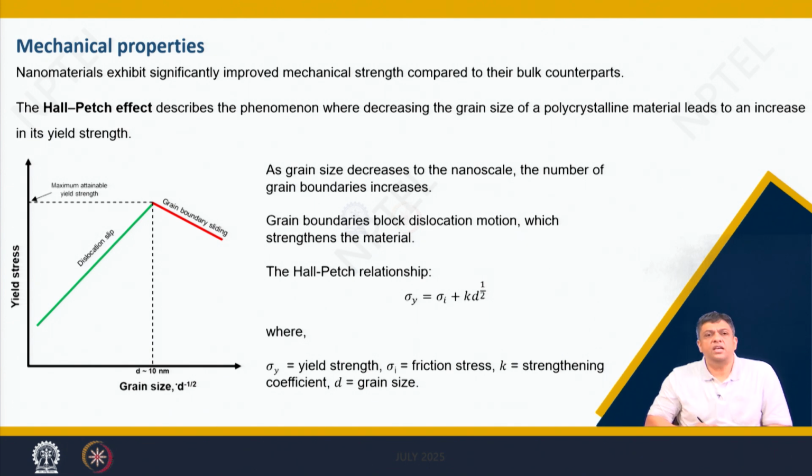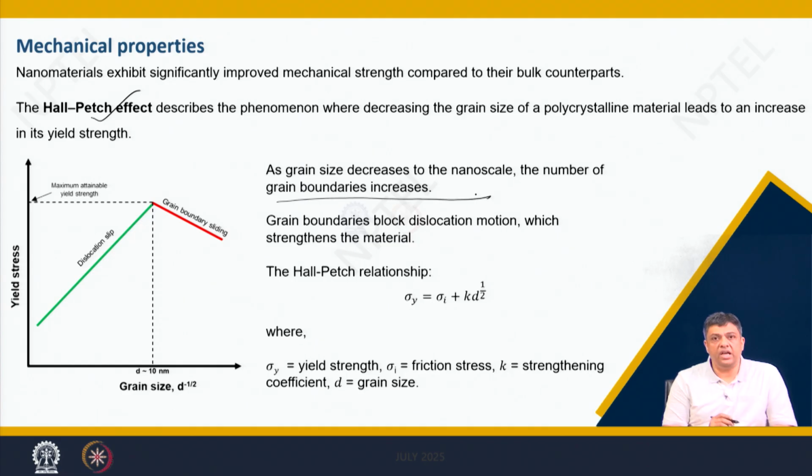Let us see why these mechanical properties, for example, can change. The Hall-Petch effect tells that as the grain size decreases to nanoscale, the number of grain boundaries increases. So, you have one grain, you have the other grain, then these are the boundaries.